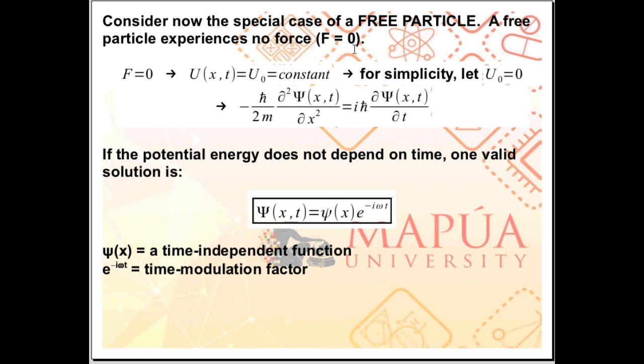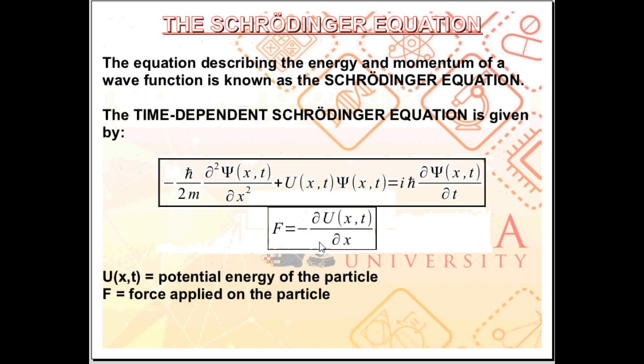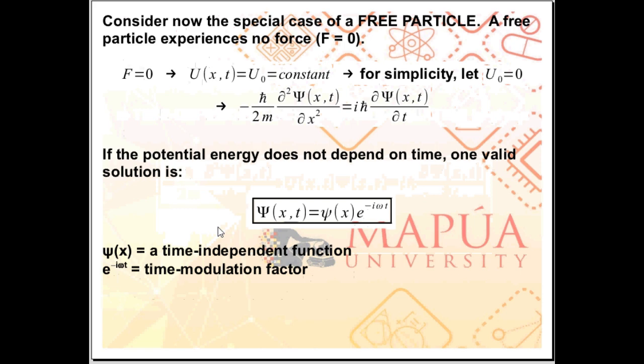F is equal to 0. Since F is just the negative differentiation of U with respect to x, if F is 0, that means U is not changing with respect to x. That means U is constant.